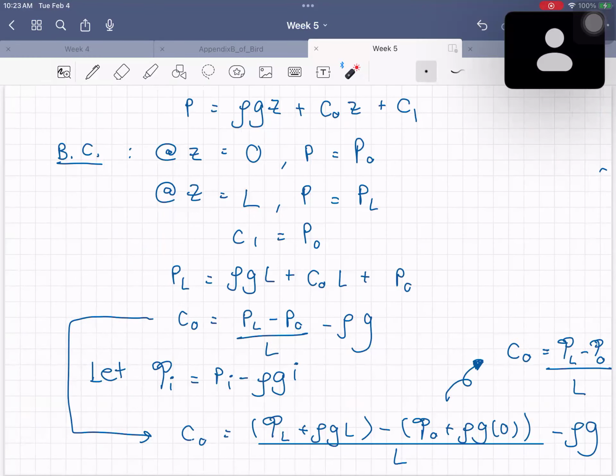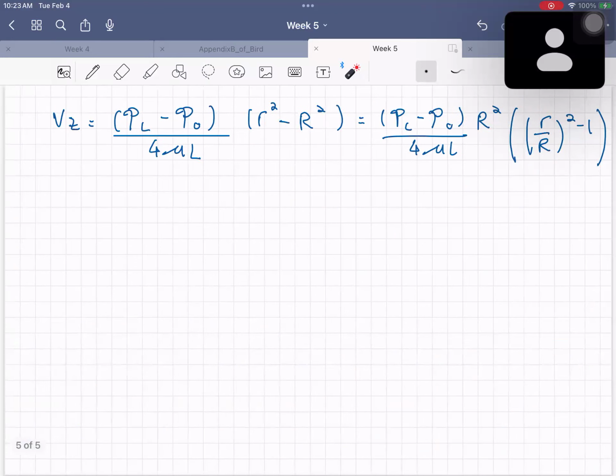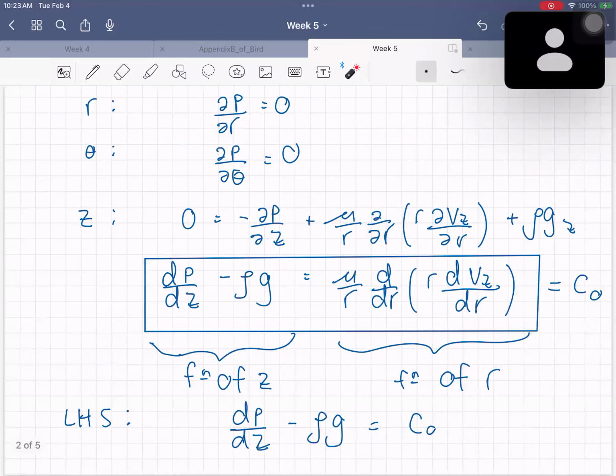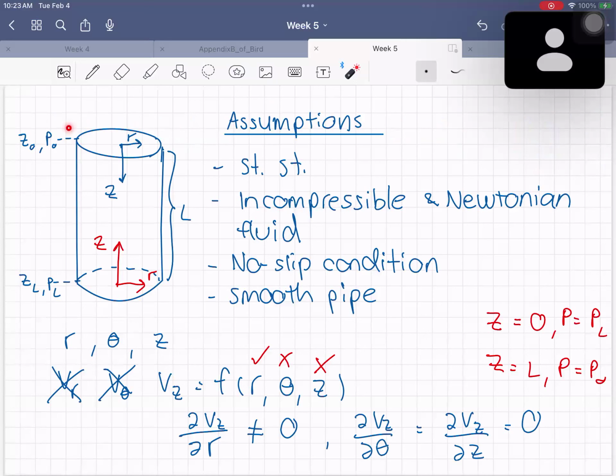Still here? Oh, okay. All right. And if you see this form right here, let's make it practical. You can see that this is PL minus P0, right? If I go back to the picture again, you see PL minus P0, right? If I go back to the problem right here, do you think the pressure at the top or the bottom is higher?